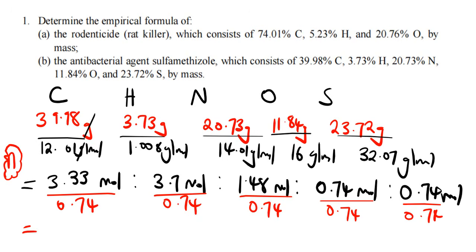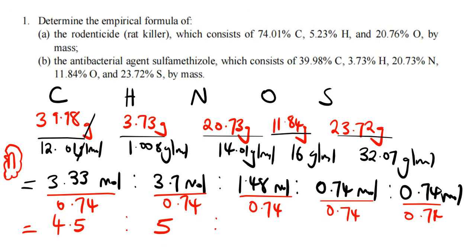If I divide 3.33 by 0.74, I'm getting 4.5. For the next one, 3.7 divided by 0.74, I'm getting 5.